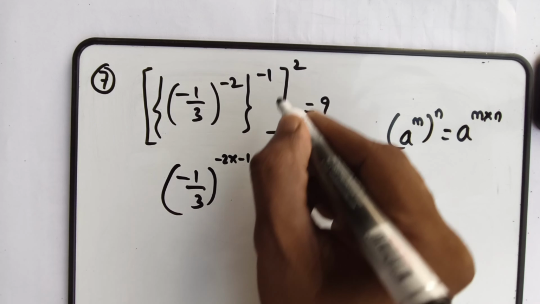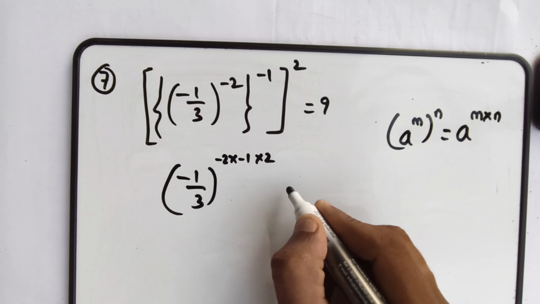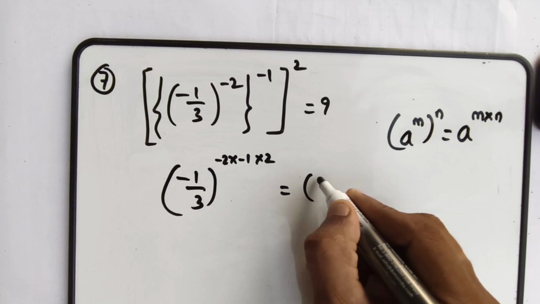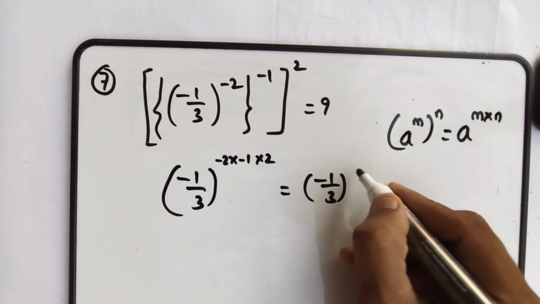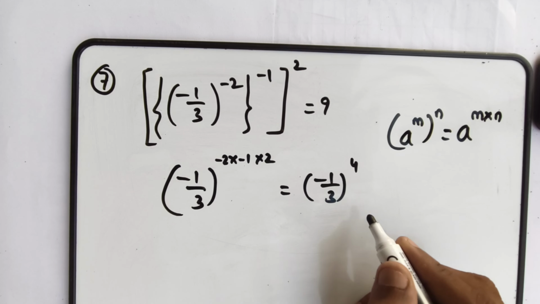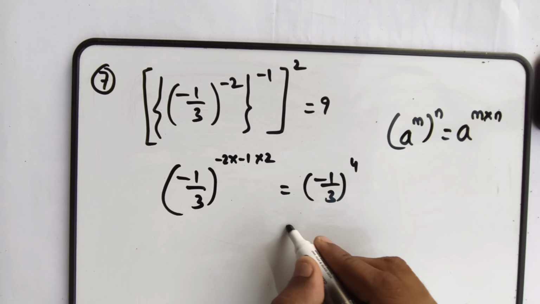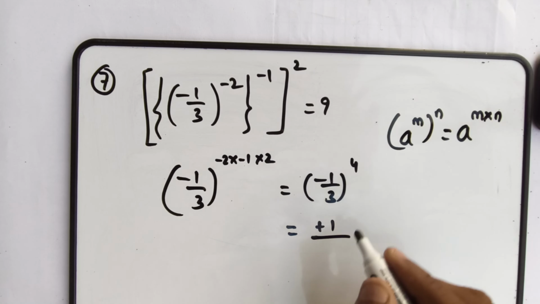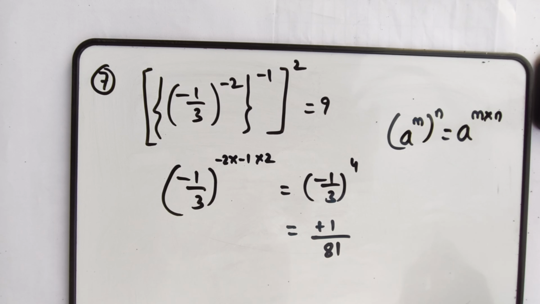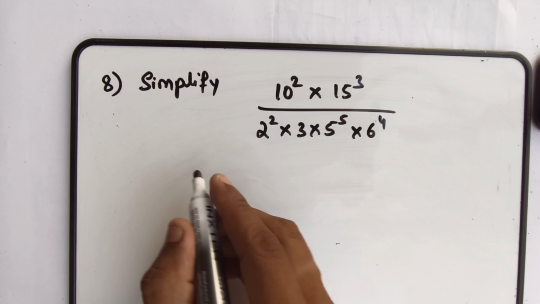Minus 2 into minus 1 into 2 is equal to (minus 1 by 3) to the power minus 2 into minus 1 plus 2. 2 into 2, 4. That is (minus 1 by 3) to the power 4. Minus, when it is multiplied even number of times, the answer will be plus. 1 to the power 4 is 1, and 3 to the power 4 is 81.